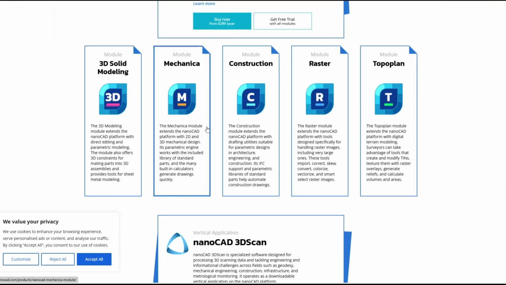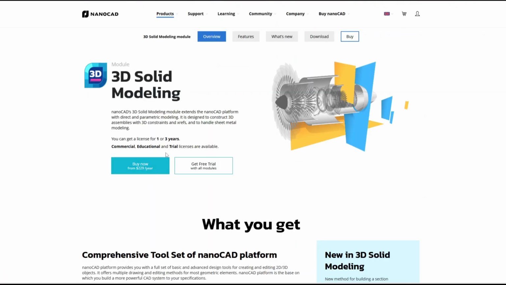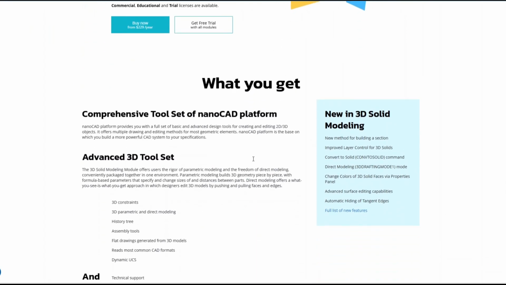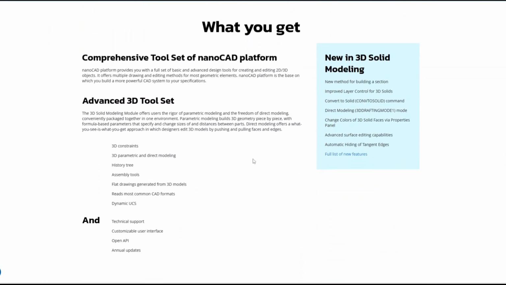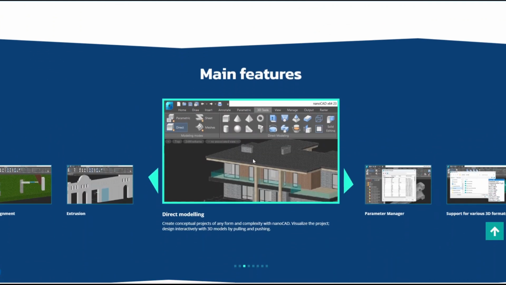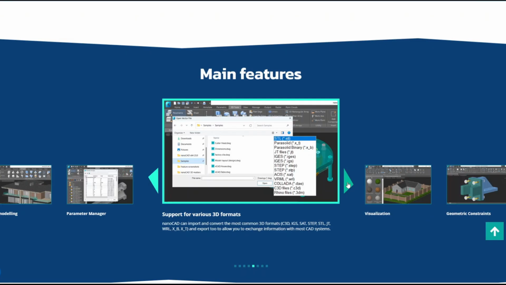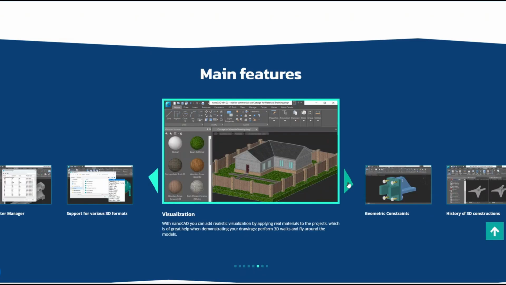Now let us talk about NanoCAD. NanoCAD, on the other hand, covers much more ground. The base platform is a DWG native 2D and basic 3D drafting tool. It comes with features like dynamic input, which lets you type commands and dimensions directly at the cursor, customizable tool palettes where you can store and reuse frequently used objects or commands, and a drawing comparison tool, which highlights changes between 2 drawing versions, perfect for auditing or reviewing revisions.